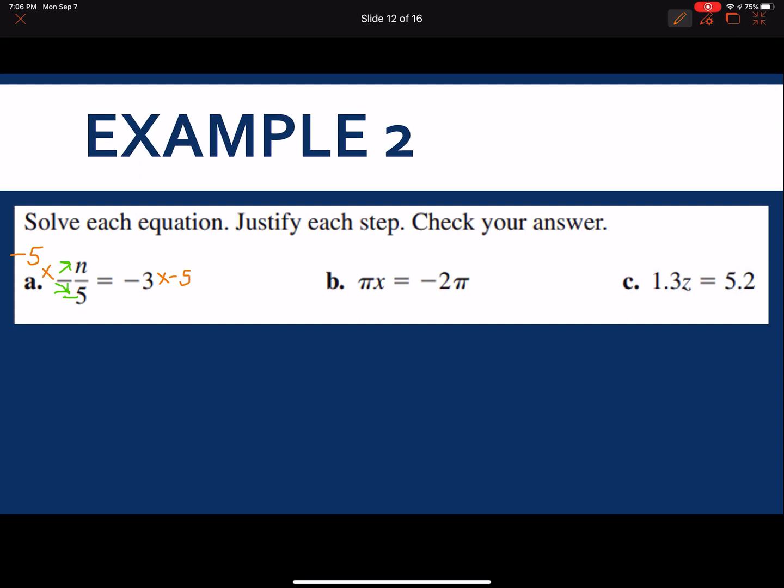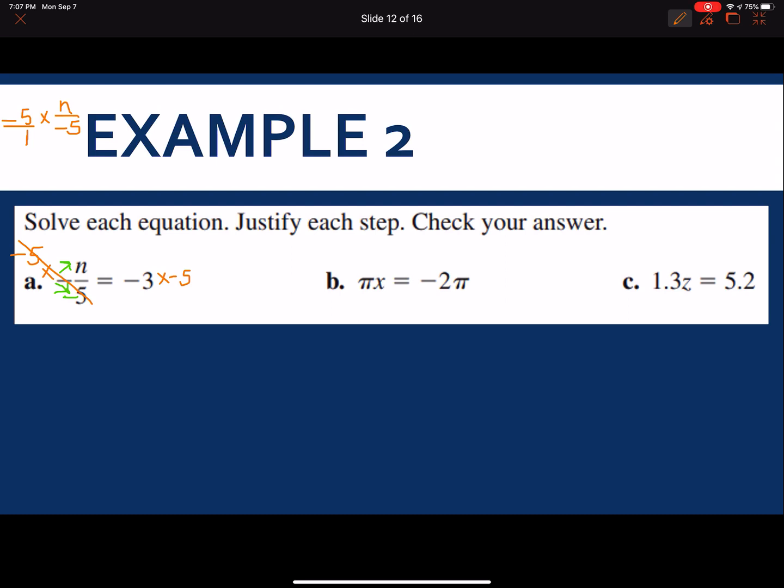Now, when I multiply this fraction by -5, I can actually simplify the 5's. And if that's confusing, if you will recall back in 6th grade math, when you are multiplying a whole number by a fraction, you can turn that whole number into a fraction by putting it over 1.